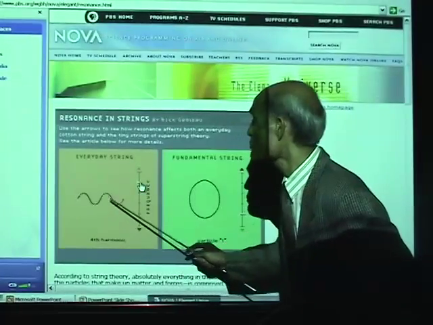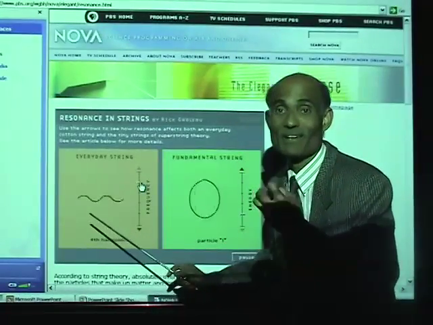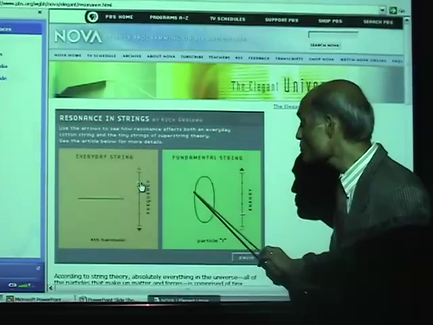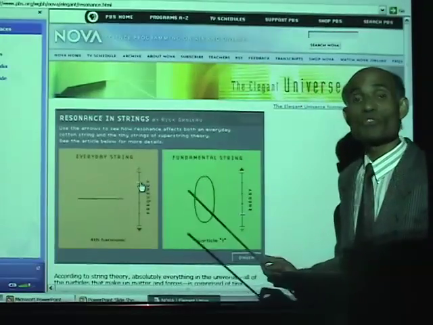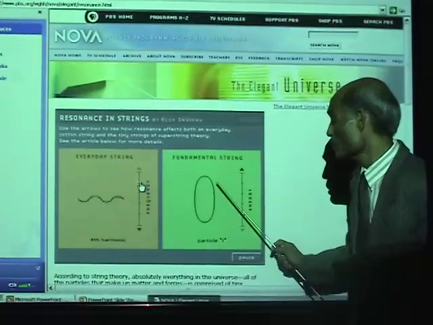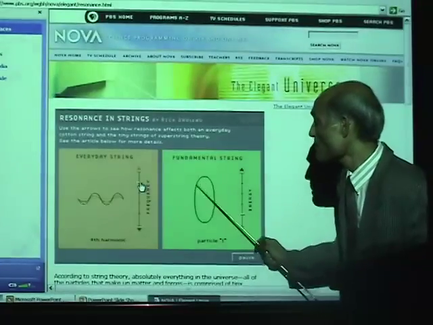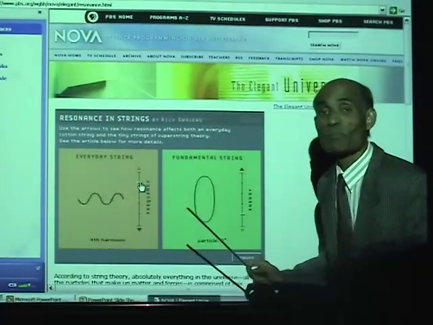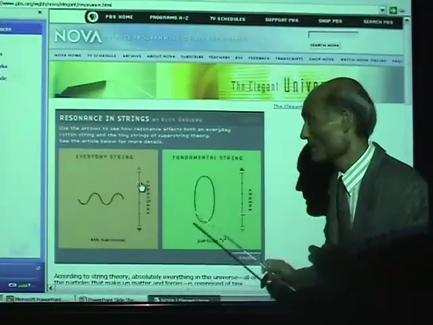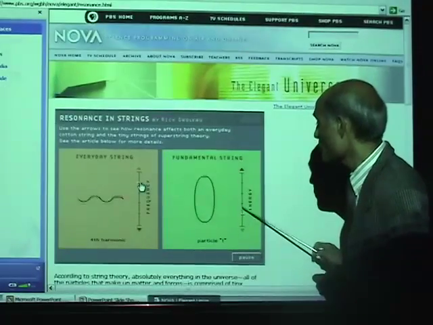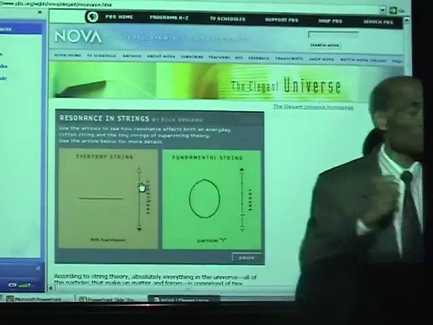Now, this kind of string is an open string. You can also have a closed string and see what happens when I increase the energy. Now, this is the fundamental frequency of the closed string. That's the fundamental string. If you increase the energy, what happens?